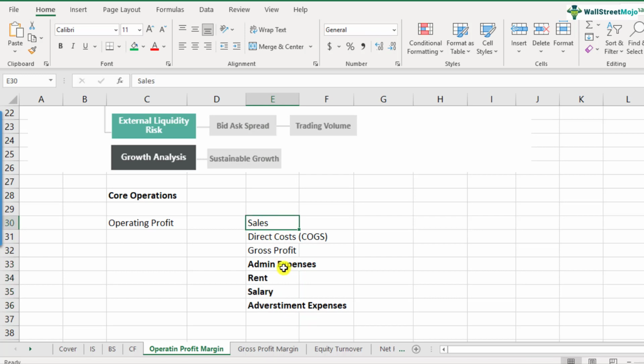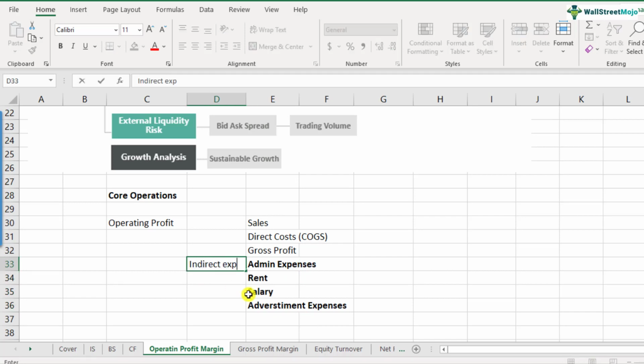Think of rent. The company may have a headquarters where the management does its work, so the rent has to be paid. So it is indirectly related to the sales. When you deduct all of these indirect expenses, we get what is called the operating profit.